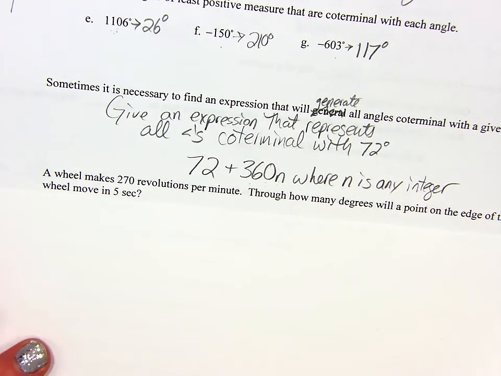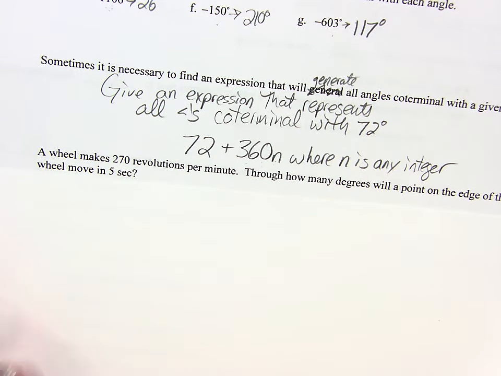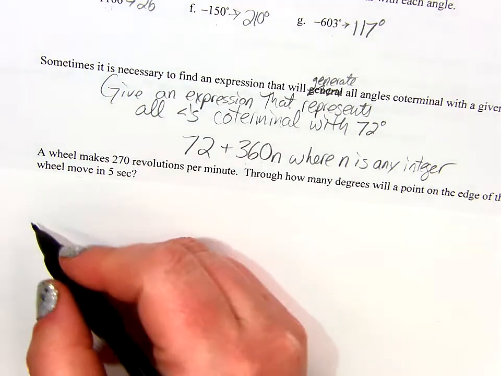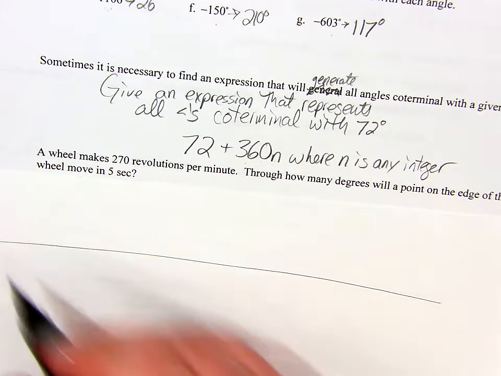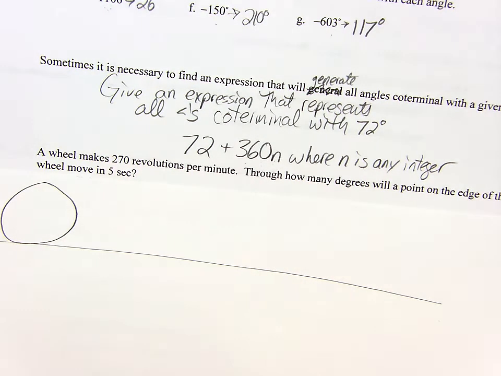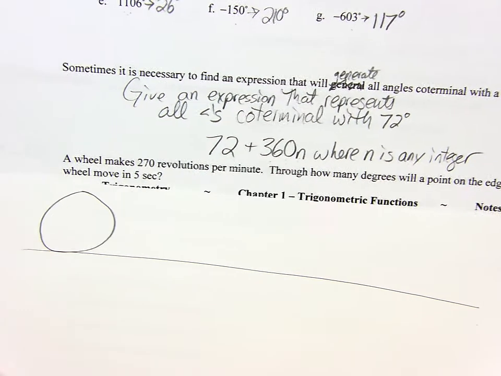Let's try this. It says, a wheel makes 270 revolutions per minute. Through how many degrees will a point on the edge of the wheel move in 5 seconds? So, can you imagine this scenario? I have some wheel, right? So here's the ground. I have a wheel, and I'm going to put a point on this wheel.